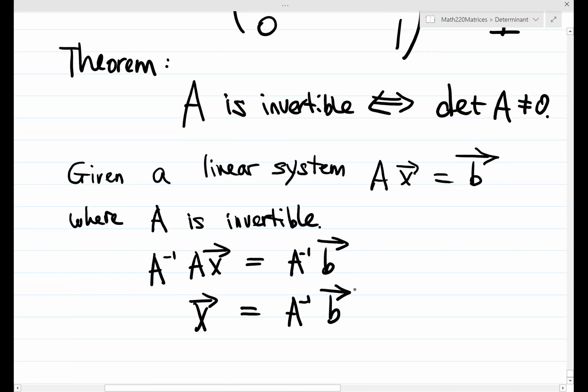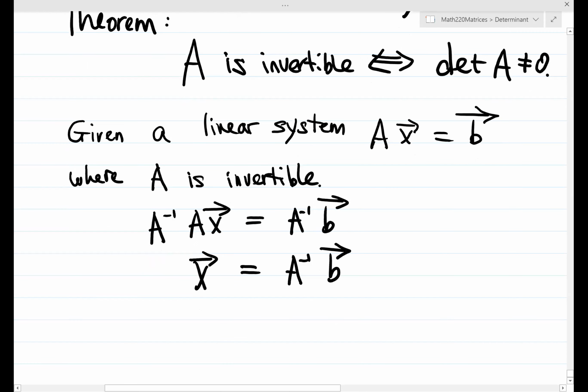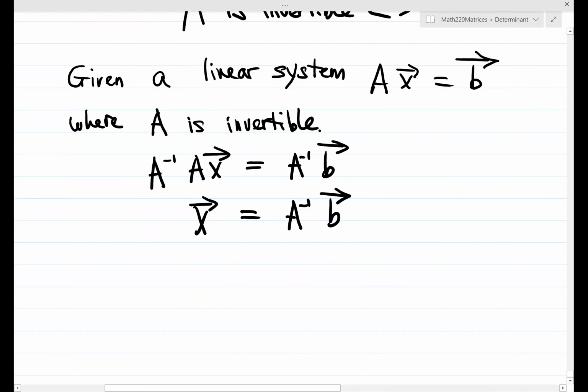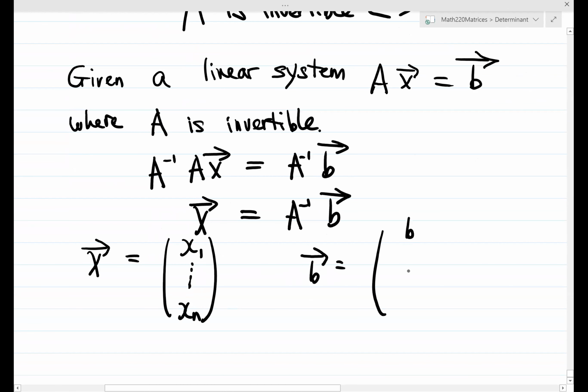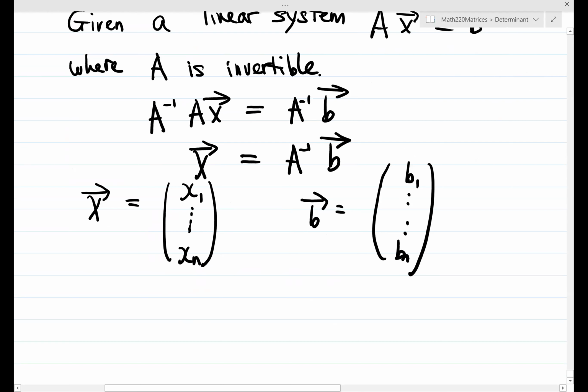Now this can be done explicitly. If we are dealing with n by n, suppose X is an n-vector, x1 to xn, and B is b1 to bn.